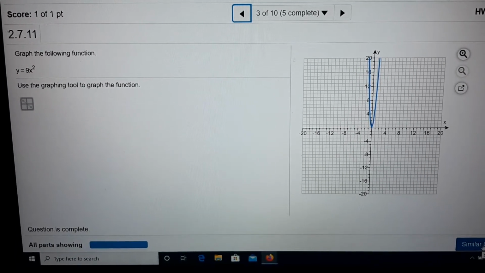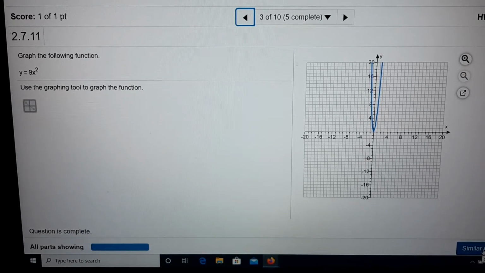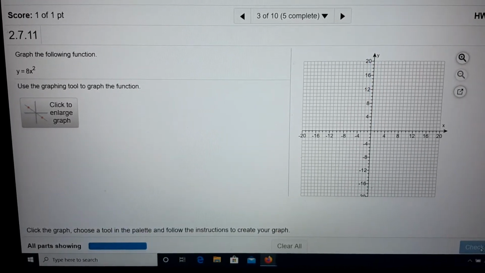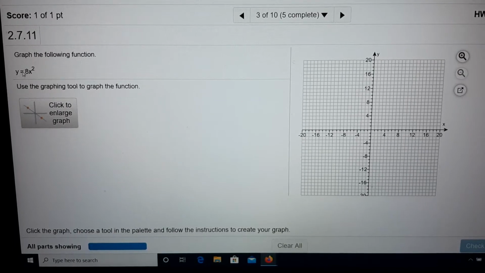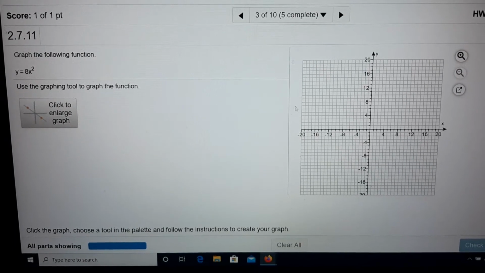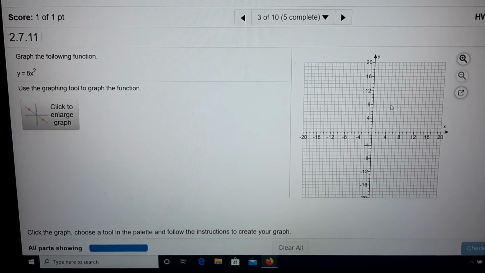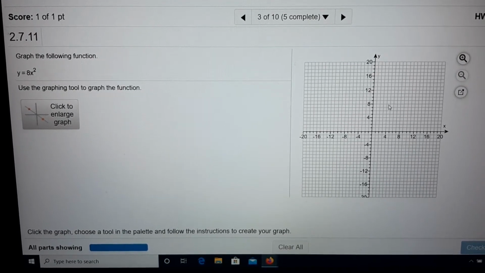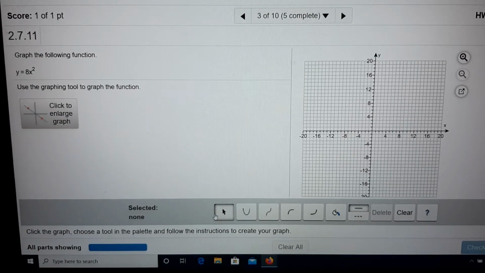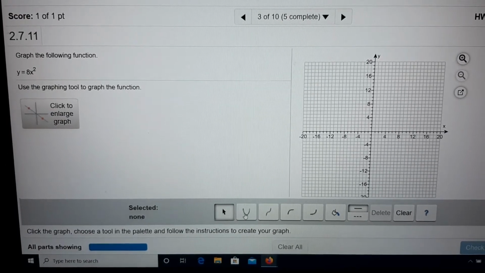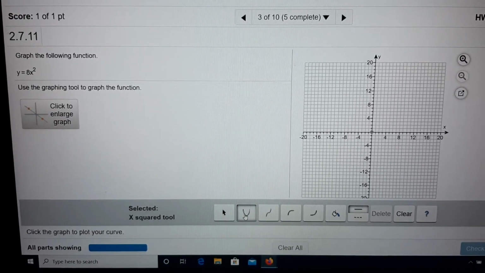For this one, I'll do a similar question. This 2.7.11. Okay. y equals 8x squared. So you notice that h and k are 0. So first step, click on the graph. Go down, select the little u there, the parabola. Boom.